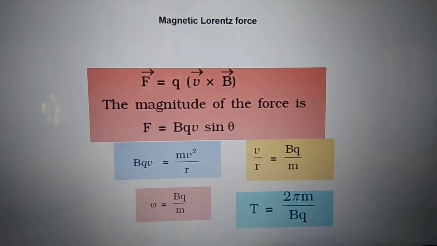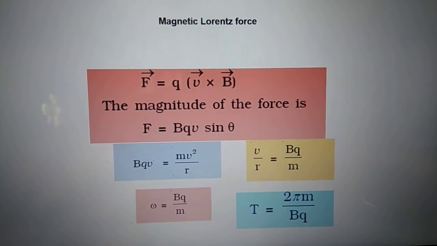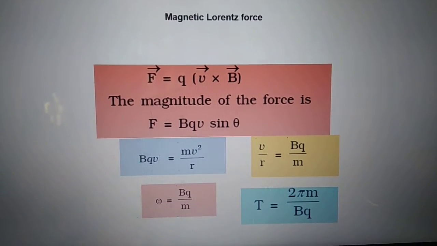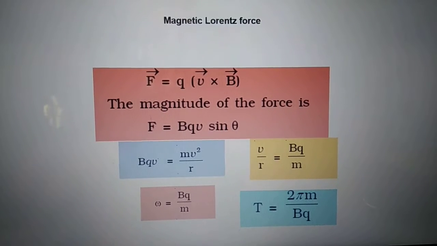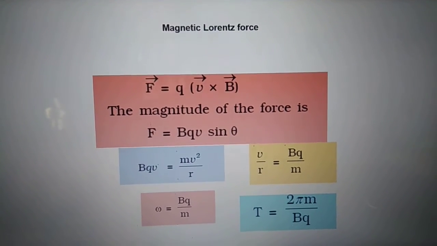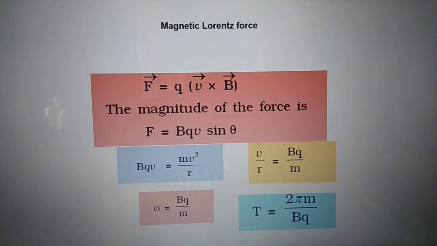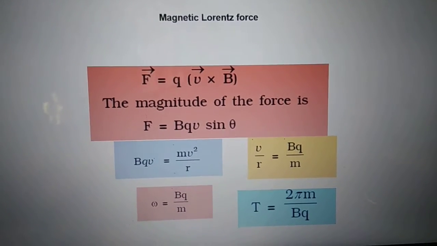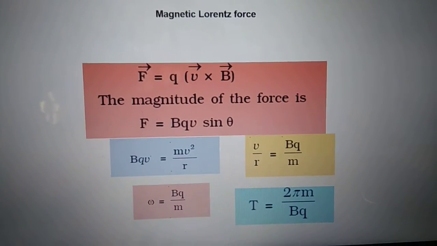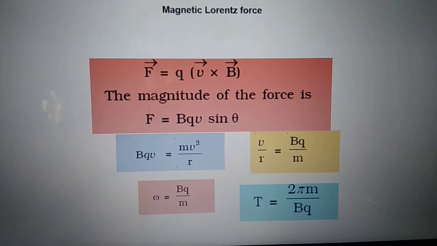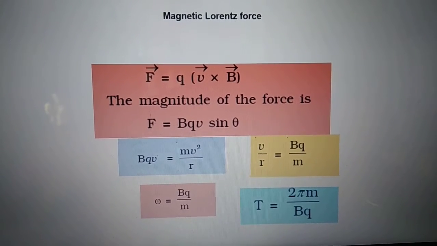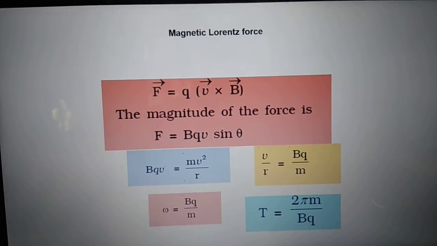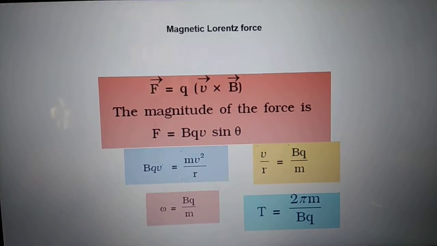Now that we have established that any current carrying conductor behaves like a magnet, we know that if we keep a current carrying conductor inside a magnetic field, it will experience a force, because one magnet exerts force over another magnet. Since a current carrying conductor is also a magnet and the magnetic field is also a magnet, they will exert force over each other.